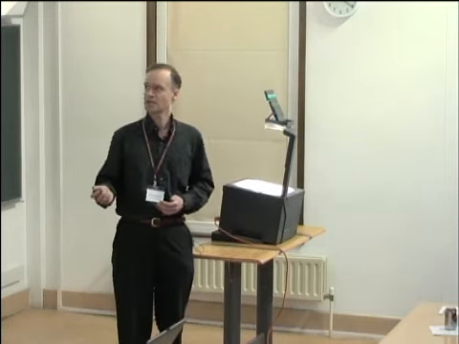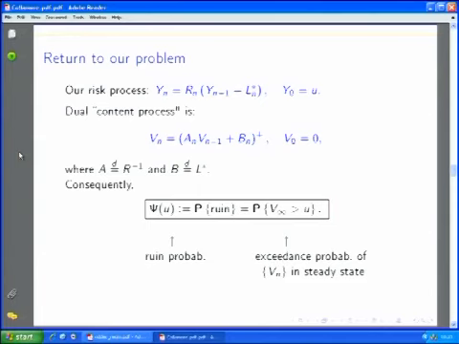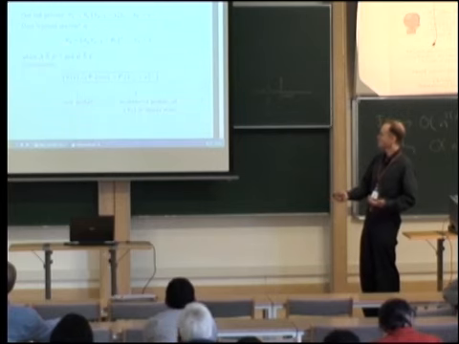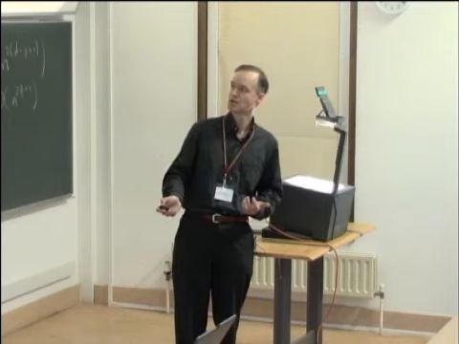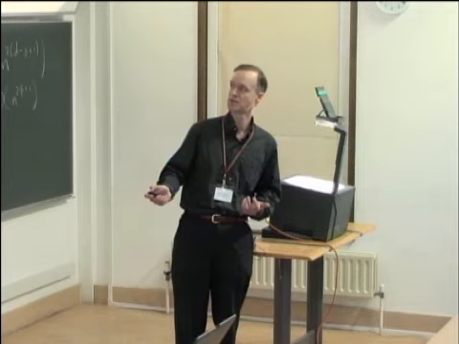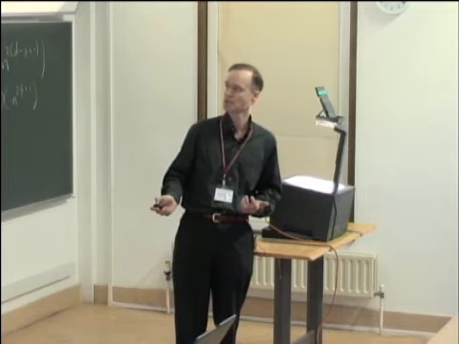Okay, so in our case, we have a specific risk process, which is shown here at the top of the slide. In that case, one can actually compute the content process, which has the form shown here, as the sequence V sub n, related to the original risk process, where the random variable A has the distribution of the inverse of the investment returns.